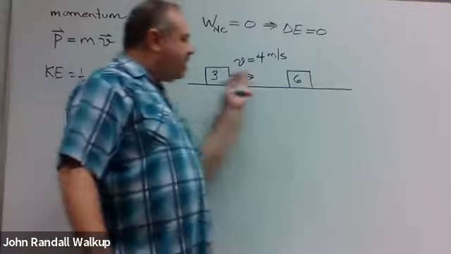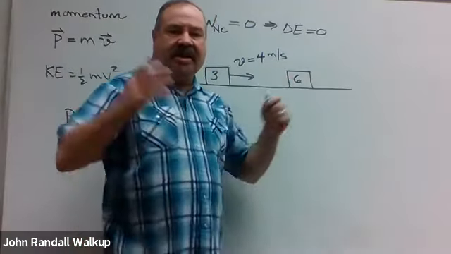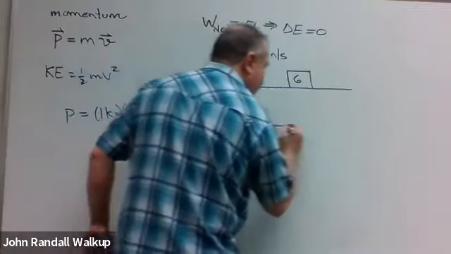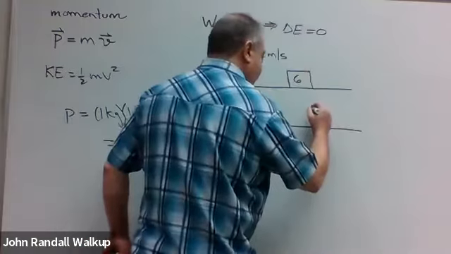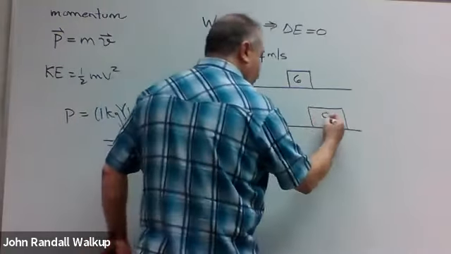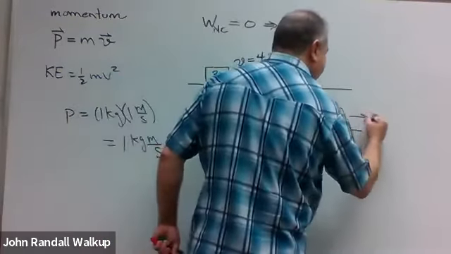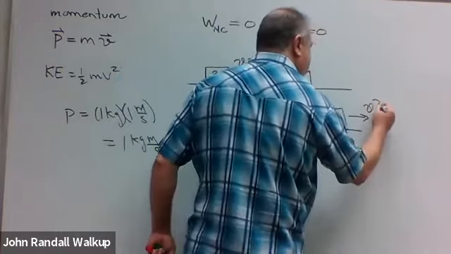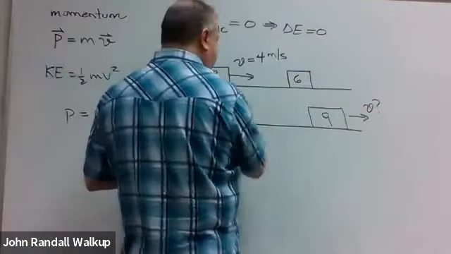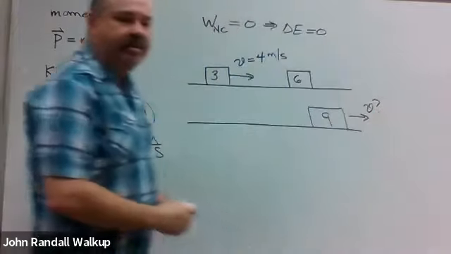This thing is just going to come in here and smack this 6, and we'll say that they stick together and move out. So after the collision, they're combined to form a 9 kilogram body, moving at some speed that we don't know. So this body is sitting here initially at rest. This comes along, hits it, sticks together, and they move to the right.